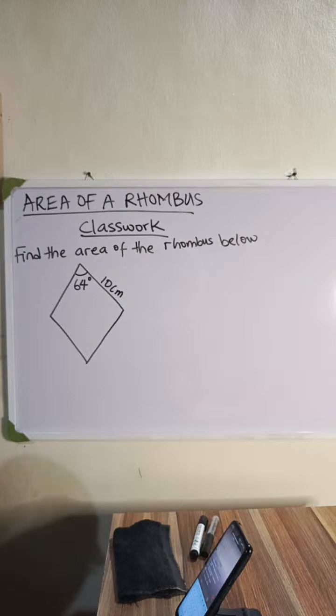Okay. Rhombus says 90.1 centimeters squared. Okay, so two persons. We need one more person, then we do the correction. And that will be all for today.